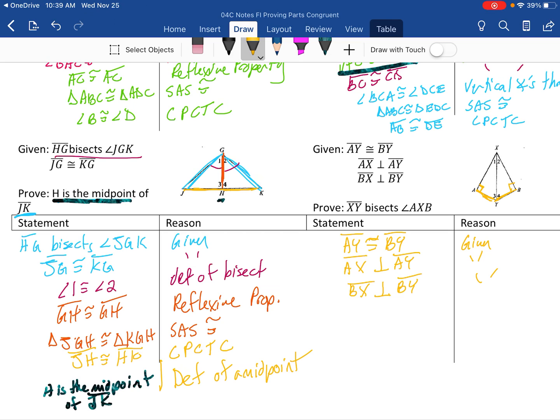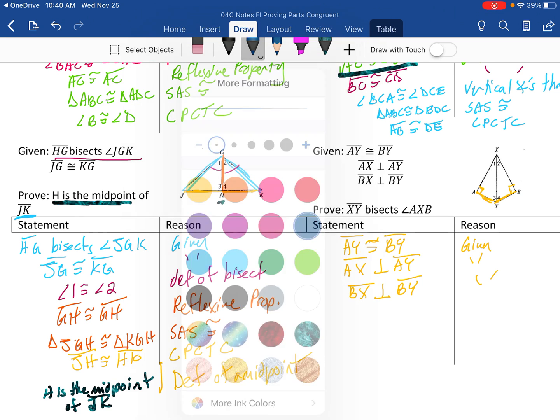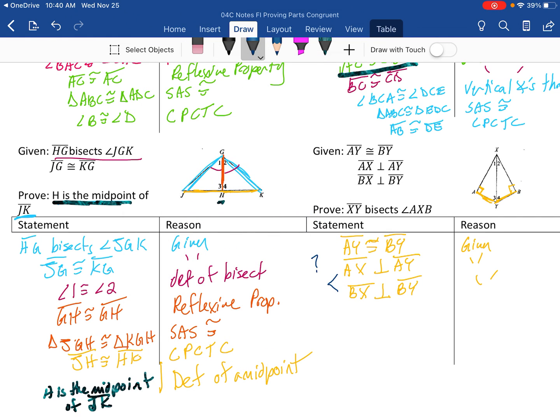But for this right here, I'm looking at this and I'm looking for hypotenuse leg theorem. So when I'm given perpendicular, I start looking: is this going to be hypotenuse leg? Well, I have a leg, so this right here is a leg.